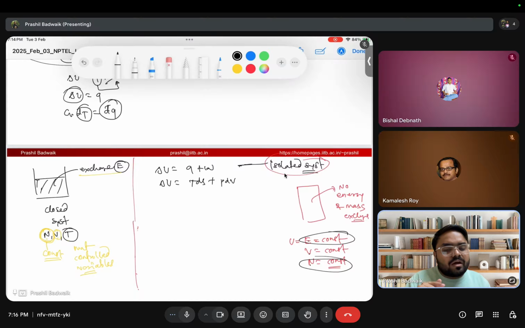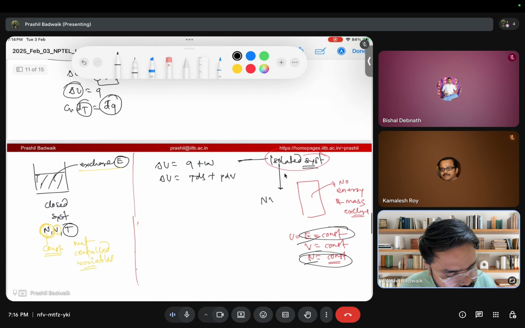In BTech we study the isolated system. Here we are using a statistical mechanical approach to represent the same system, that is the isolated system, using mathematics. And what are the controlled variables? Controlled variables are number of particles, volume, and energy. That means this system in statistical mechanics is called an NVE or NVU system.